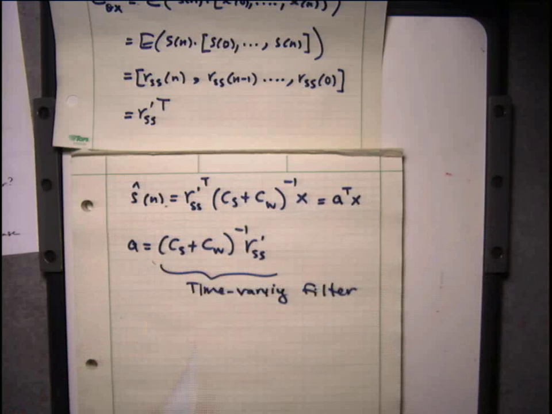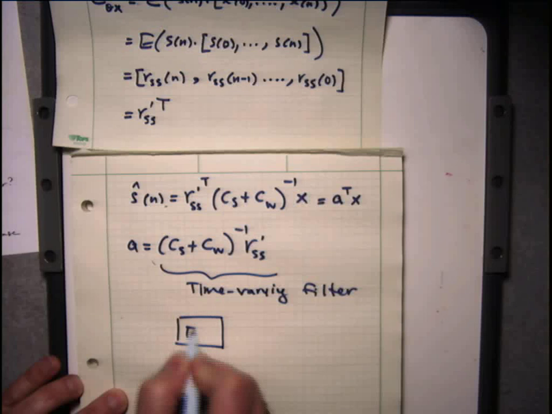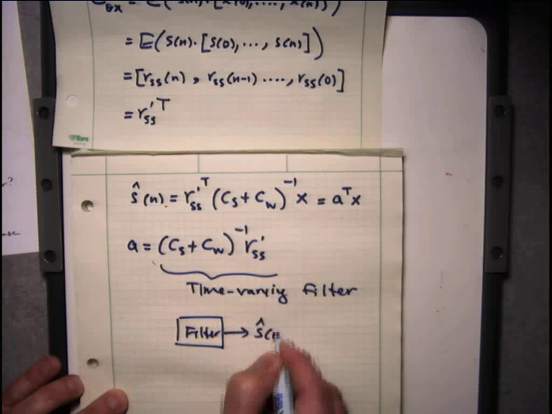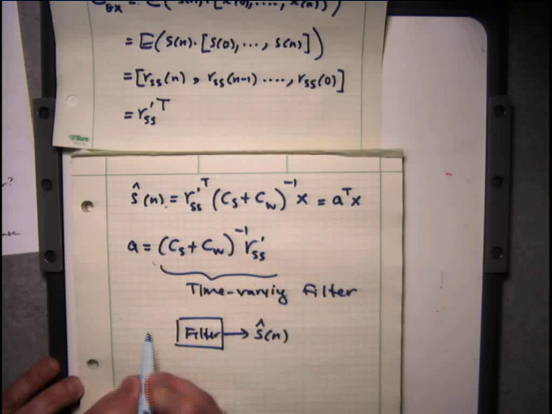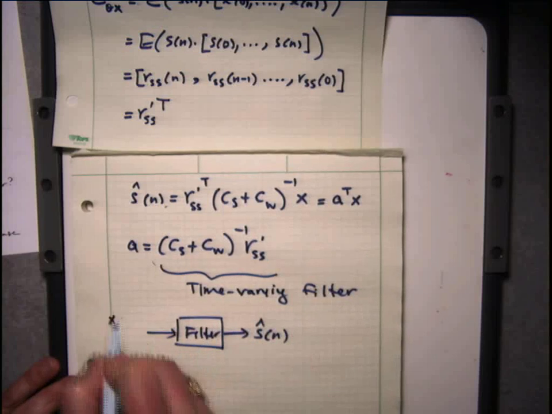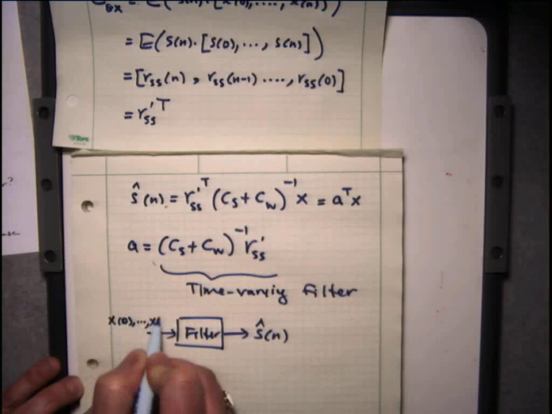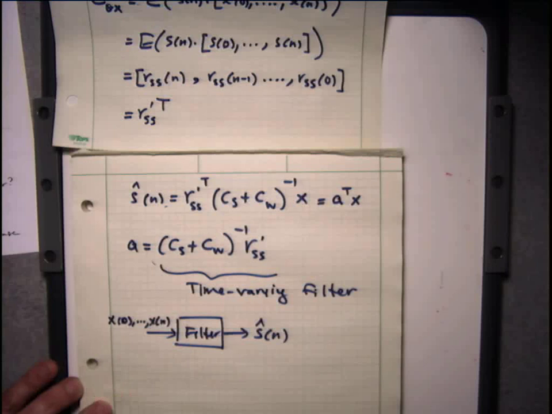So the data is coming in here. The output of the filter is S hat, and the input is the sequence of data x of 0 to x of n. But the impulse response of this filter is changing.